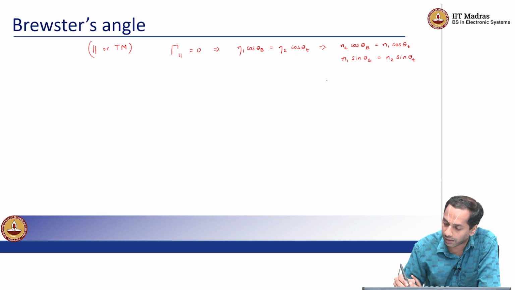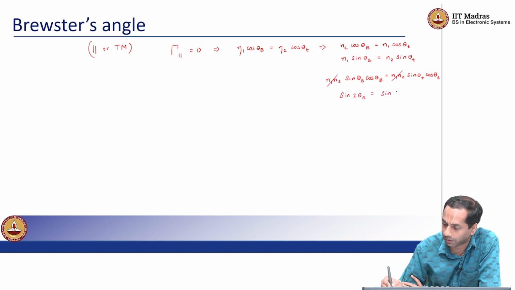If I multiply these two, I get n1 n2 sin theta b cos theta b is equal to n1 n2 sin theta t cos theta t. I can cancel the product n1 n2, and say that sine of 2 theta b is sine of 2 theta t.